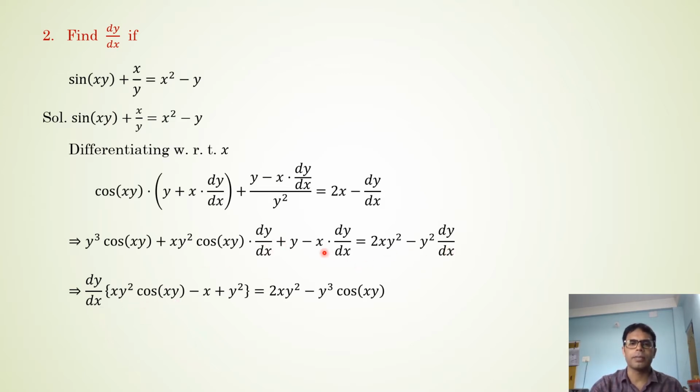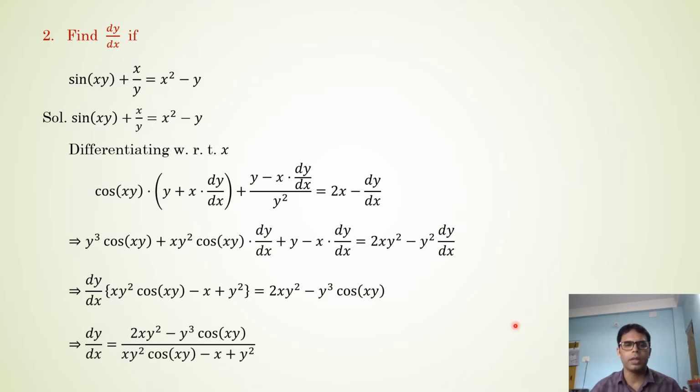Then from this term, −x is remaining here, and from this term, shifting to the left, it is +y², and dy/dx is already taken, is equal to, on the right hand side, 2xy² is already here, and this term will go to the right hand side, that is y³ cos(xy). And just divide by this term on the right hand side. That will be the answer for the question. So dy/dx is equal to this part. Okay, so that is the solution for the question.